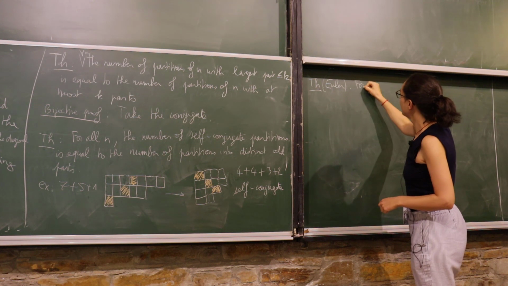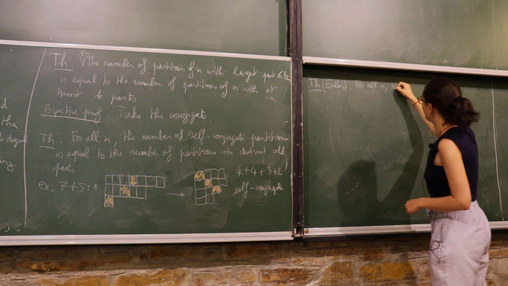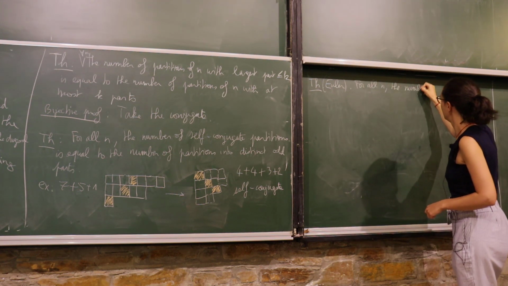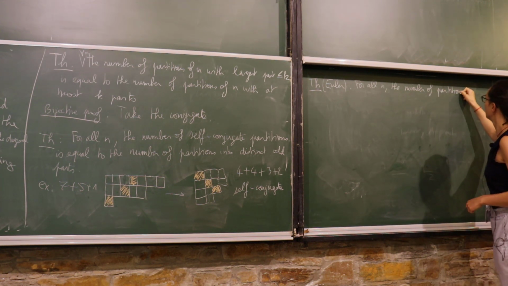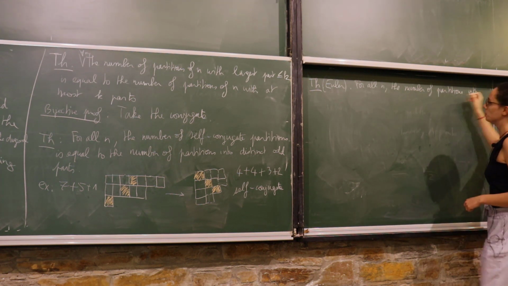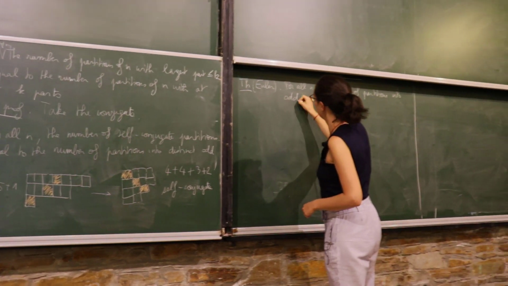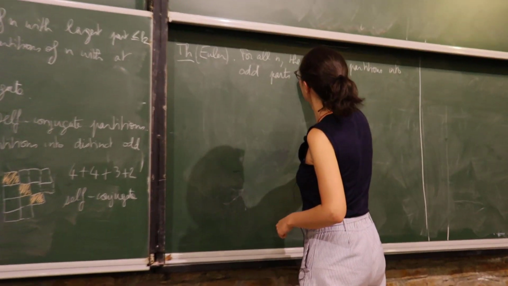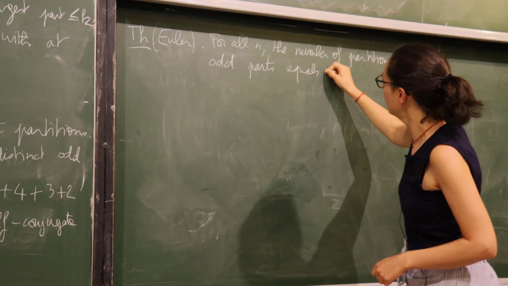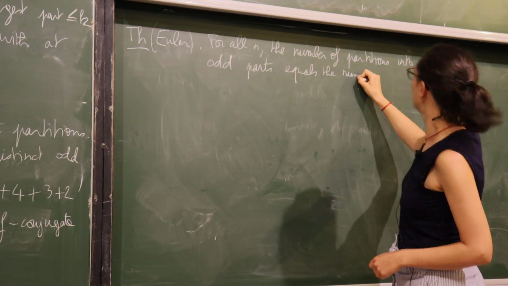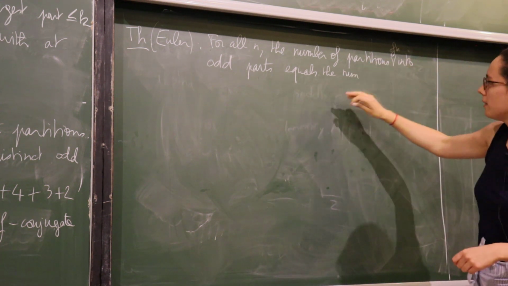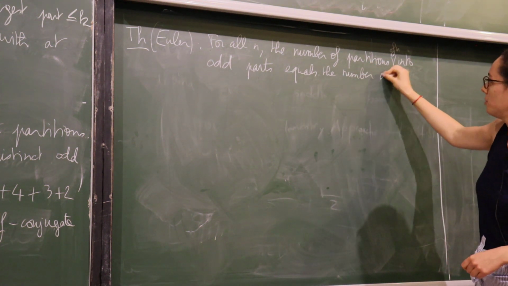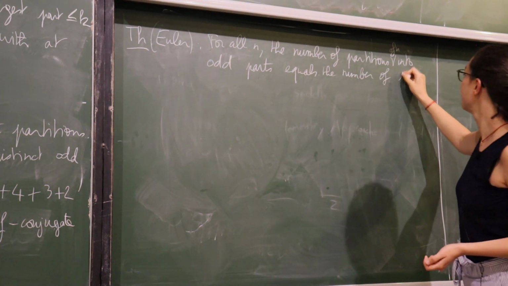It says that for all n, the number of partitions of n into odd parts equals the number of partitions of n into distinct parts.